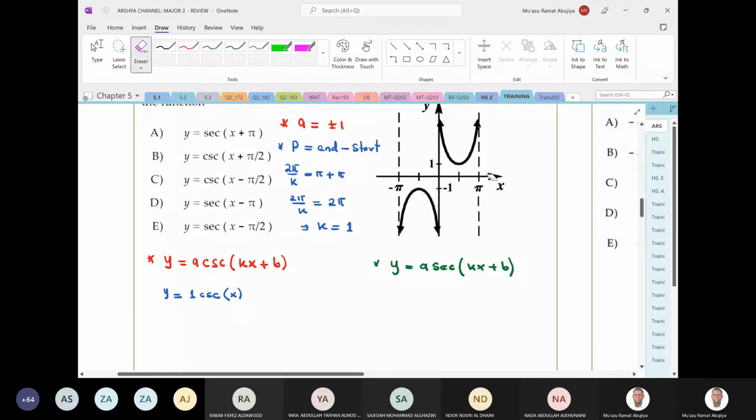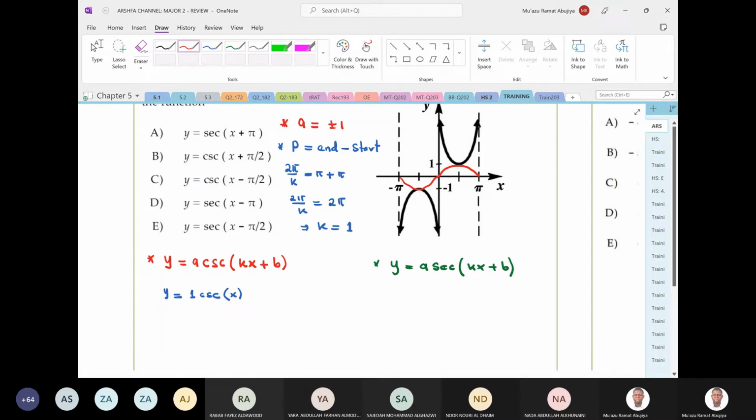Now, this is one of the equations that we have in case the graph is starting like this one here. This is our equation. Now, how about if the graph is starting from here, for instance, and going like this? There is nothing to worry about.